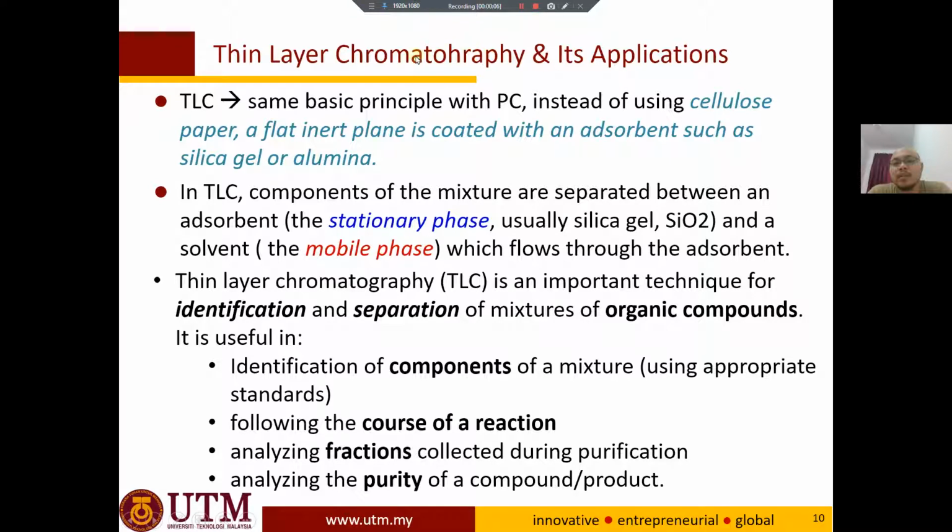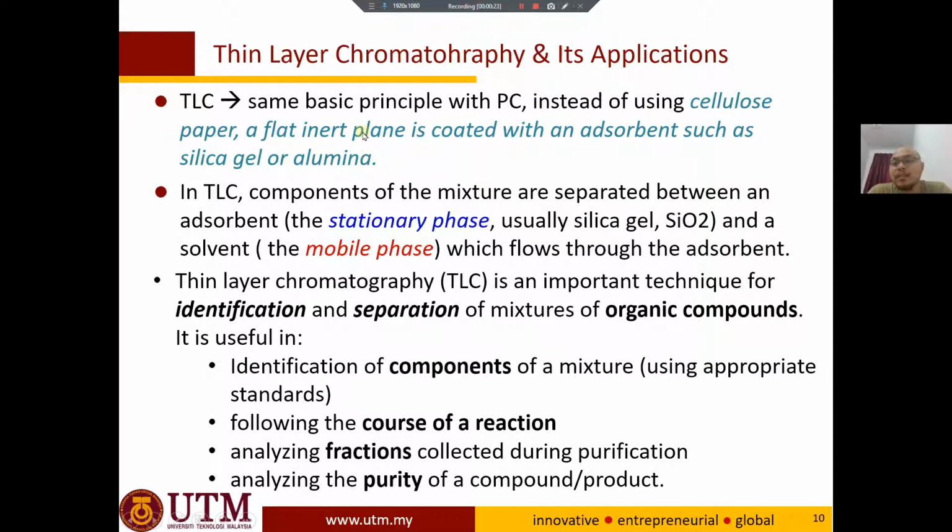Forgive me about the spelling, it is thin layer chromatography and its application. The TLC has the same basic principle as PC. Instead of using cellulose paper, a flat inert plate is coated with an adsorbent such as silica or alumina.